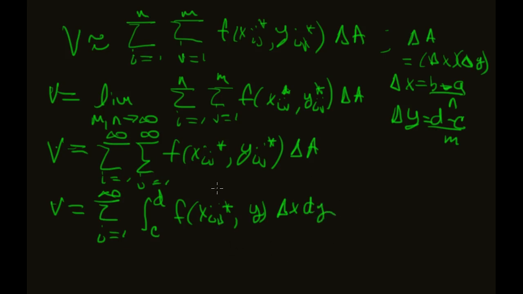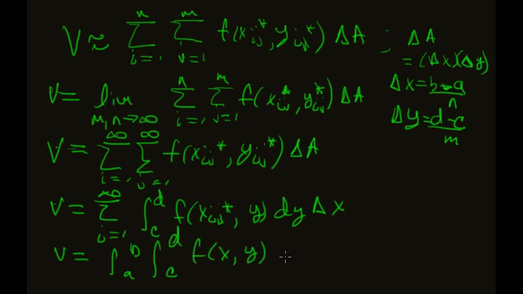And then we work our way a little bit further in here. Sorry, that's going to be dy times delta x. And then we work our way a little bit further in, and we get the integral from a to b of the integral from c to d of f of x, y dy dx.